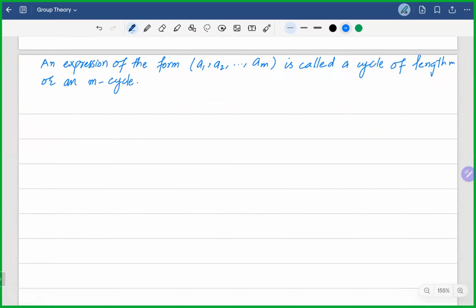Now, multiplication of cycles can be introduced by thinking of a cycle as a permutation that fixes any symbol not appearing in the cycle.